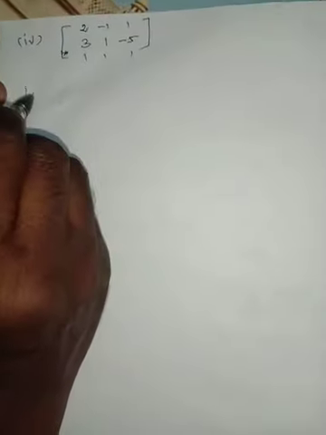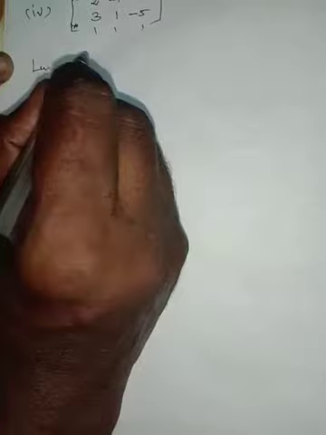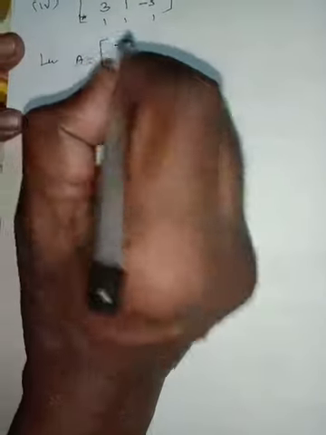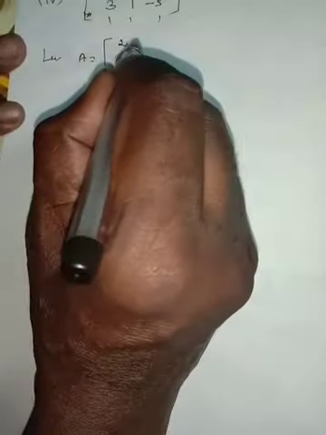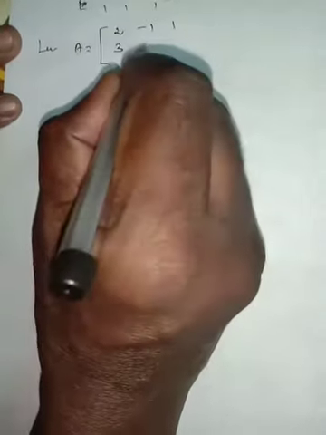Let capital A be this square matrix, 3 cross 3: 2 minus 1 1, 3 1 minus 5, 1 1 1.